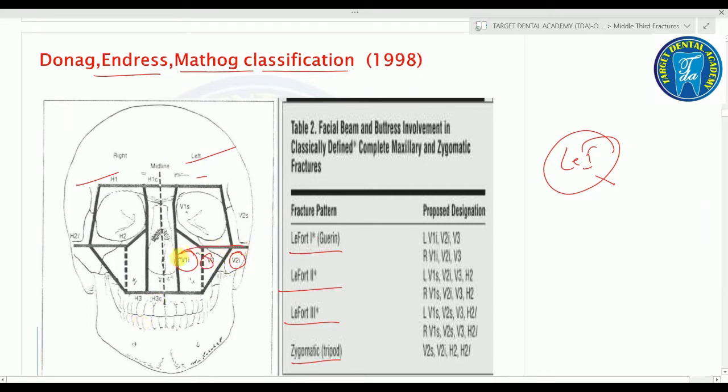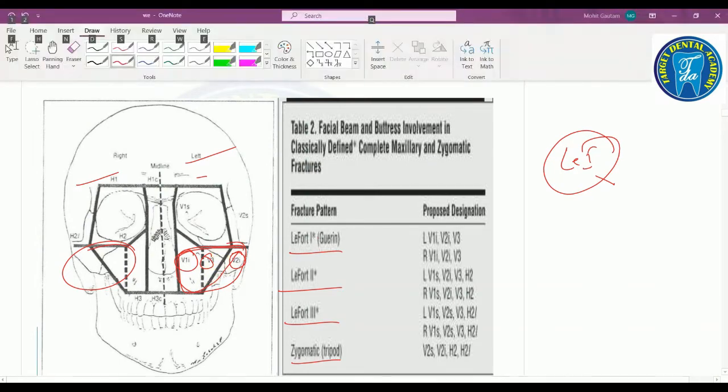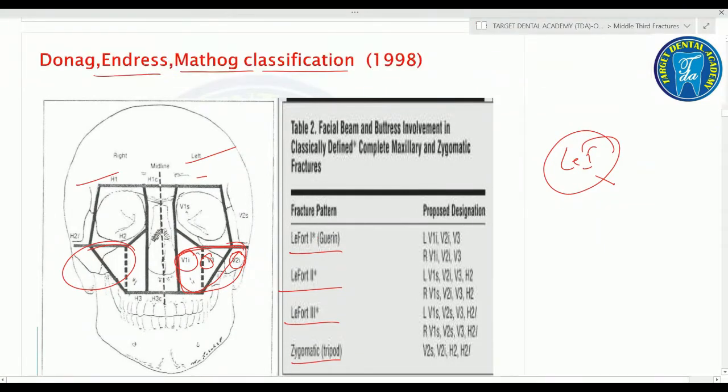So this area is the area of Lefort 1 fracture, same as that of the right side. Fine. And Lefort 2 fracture involves, on the left side, V1S, V2I, and V3, and H2, this portion is H2.